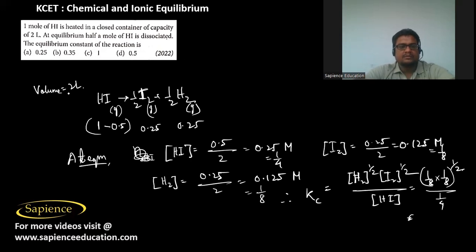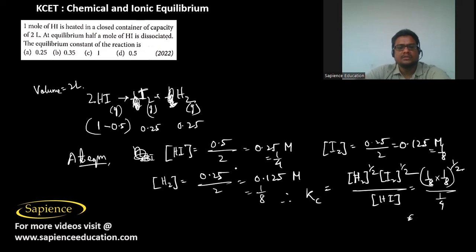Sorry, this is HI. So you have to use integral coefficients actually. Here 2 moles of HI will give 1 mole of I2 and 1 mole of H2.